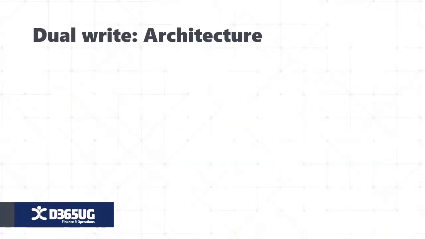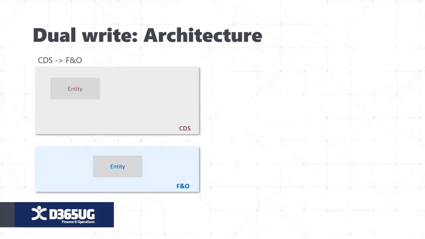Now, if we talk about the dual write architecture, if you look at the current picture, on the top, there is CDS and FO. Both have their own entities in it. When the data is written in CDS, we want to push this into FNO.